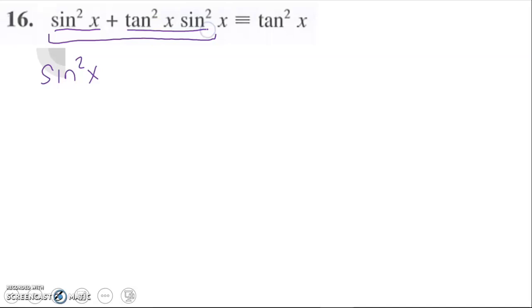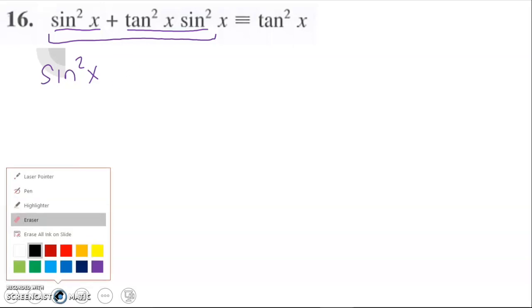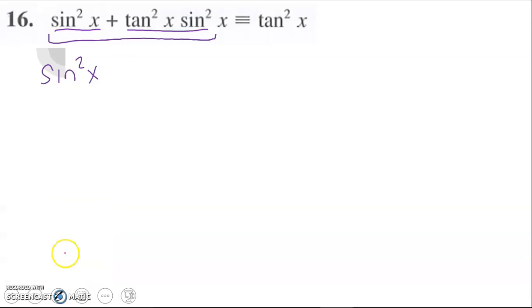It's in both your terms, okay? And once I factor that out, I'll end up having 1 and then plus tan squared. Okay.